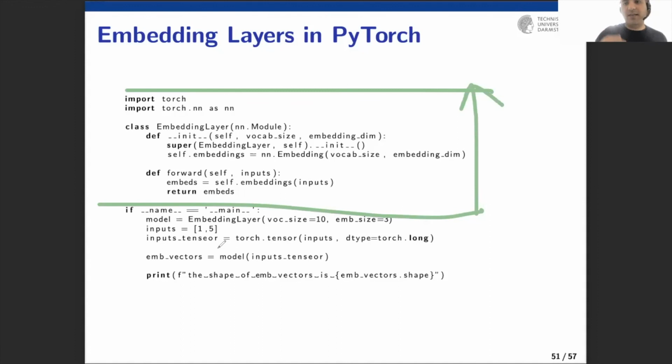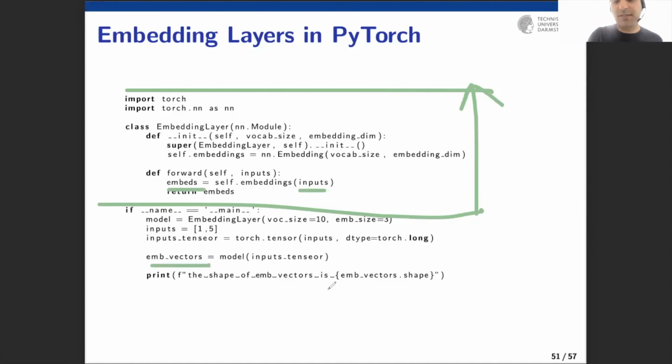As we discussed earlier, the input to any neural model is a tensor. So we convert the list to a tensor, and then we give it to the model. The model is the embedding layer, so it comes to the forward function here. It maps the input to some embedding vectors and returns that here.